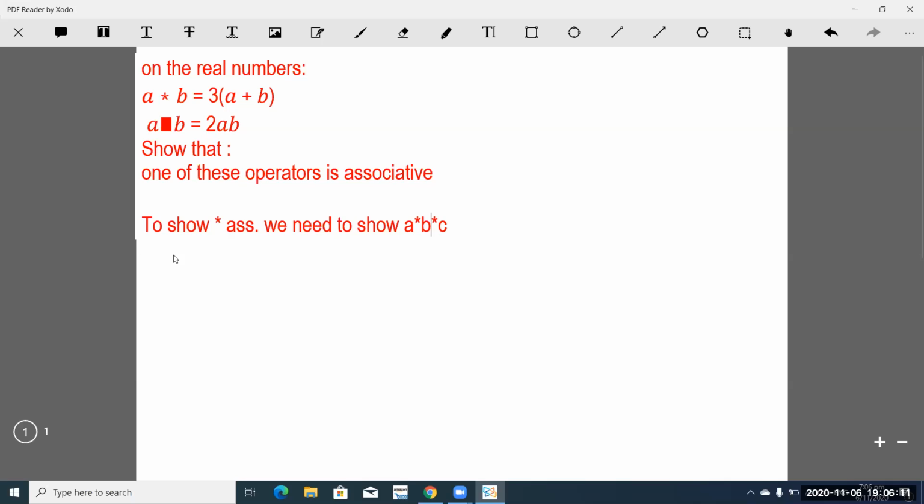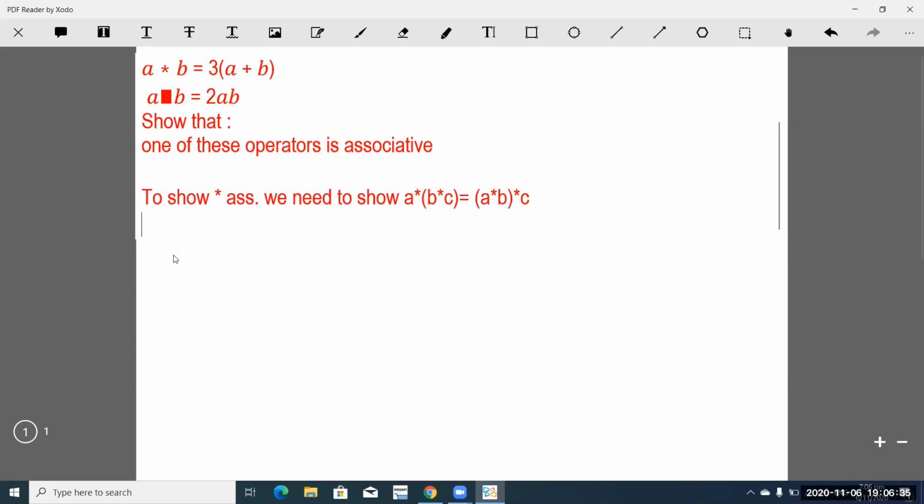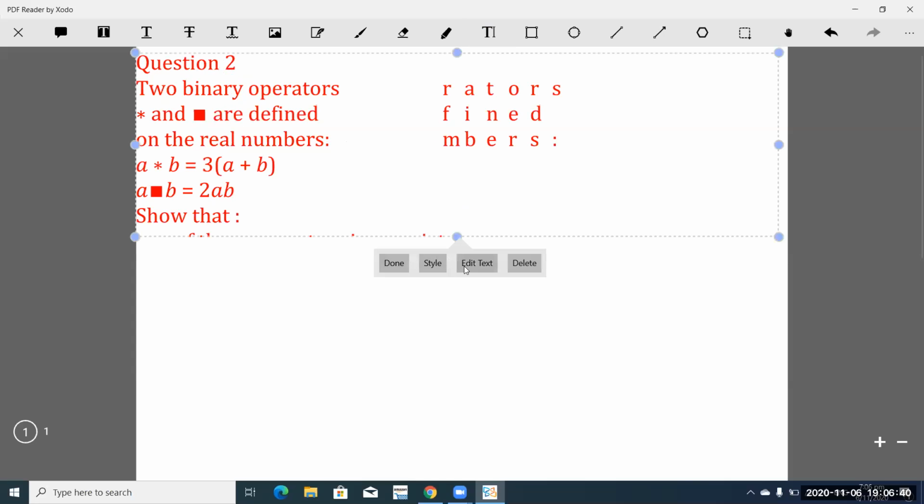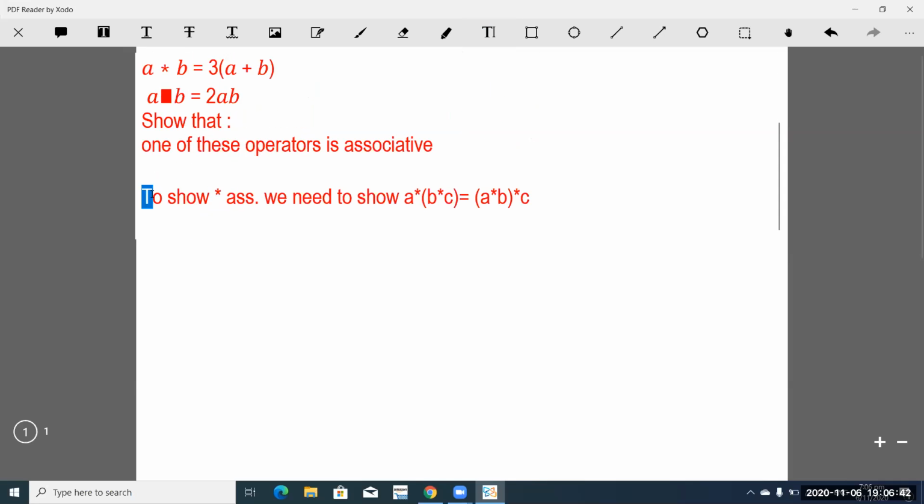What we're saying is A star, the result of B star C, should give us the same result as if we were to take A star B star C, where we start with finding the result of A star B first, and then take that result and star C. All right? So that's how we prove associativity.